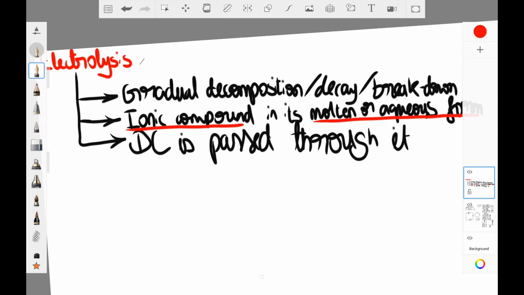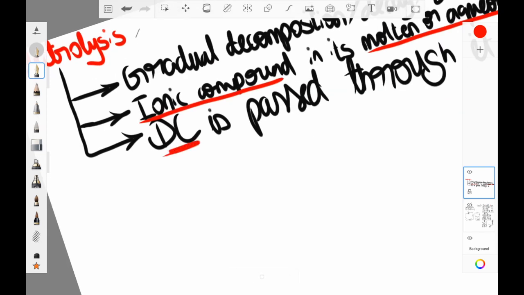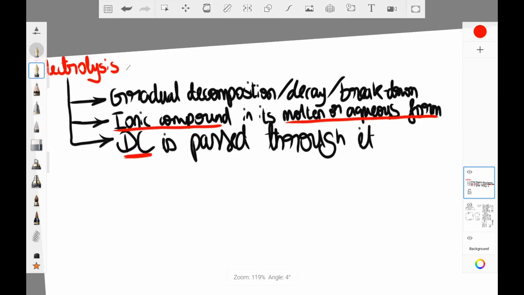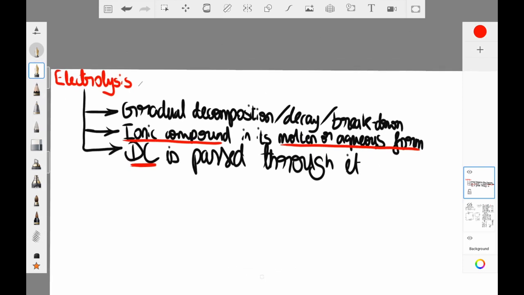And the third point is that it occurs when direct current is passed through it. DC is just direct current. So it's the gradual decomposition of an ionic compound in its molten or aqueous form when direct current is passed through it.